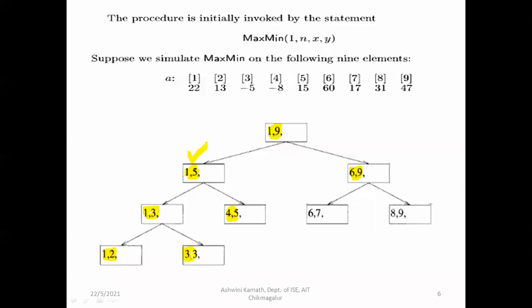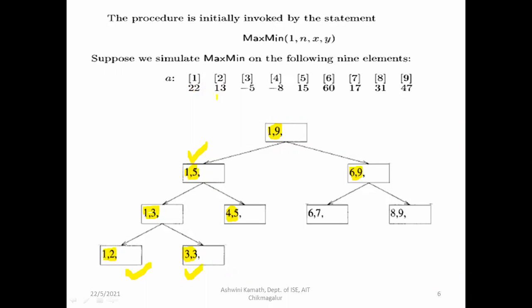3 to 3, we have only a single element. So this is small of p. In 1 to 2, we have 2 elements, which is also small of p. In this case we have only 1 element. So for 1 and 2, we have 22 and 13.